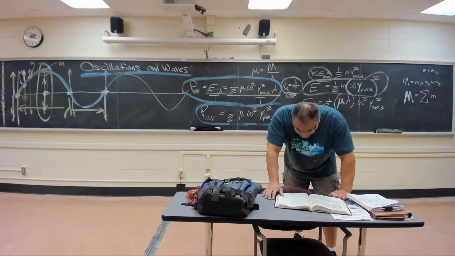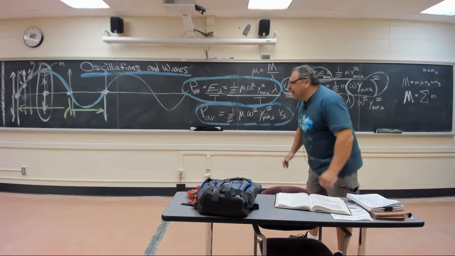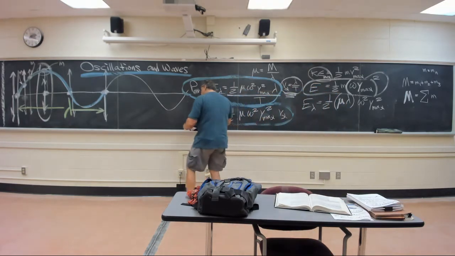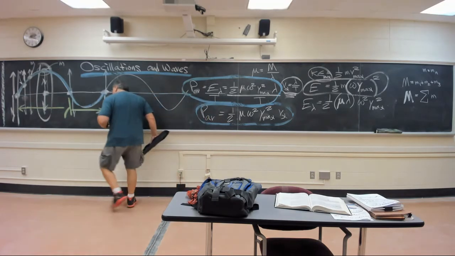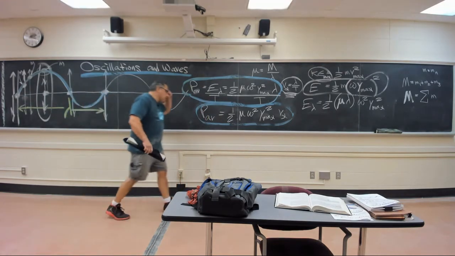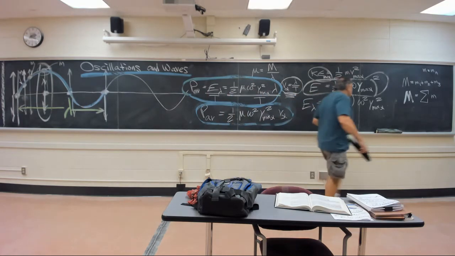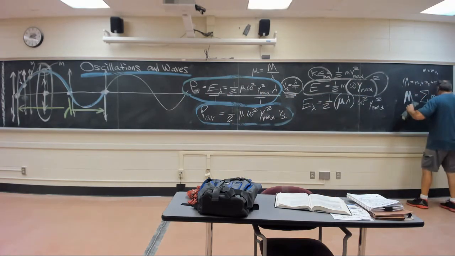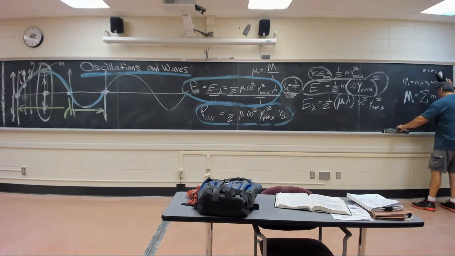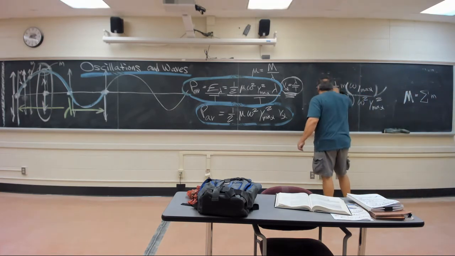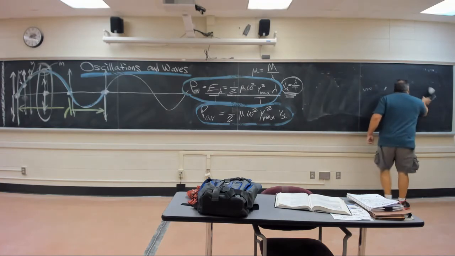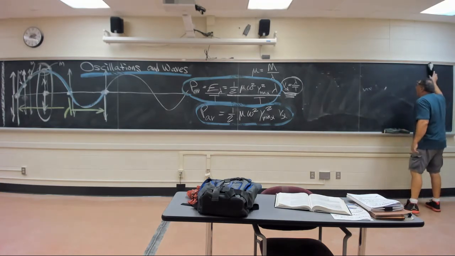They talk about energy and power of sound. Let me debate a little bit how I want to do this. How does this whole thing work if you're talking about sound?